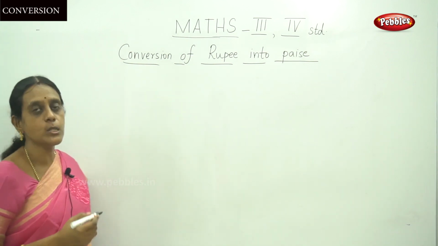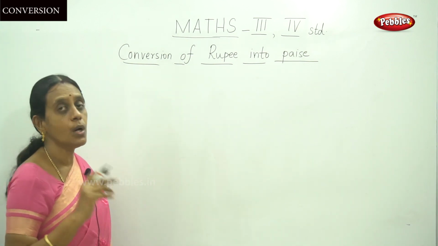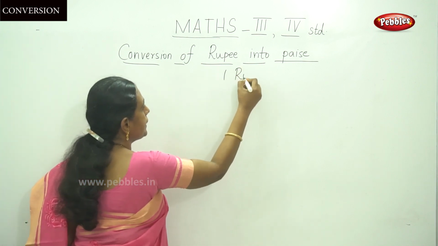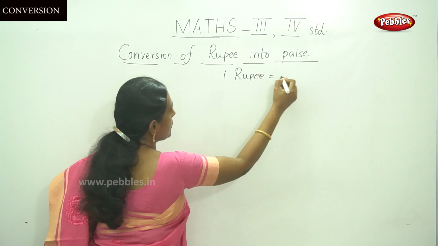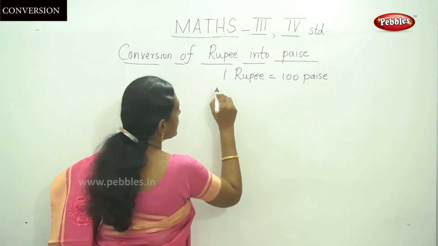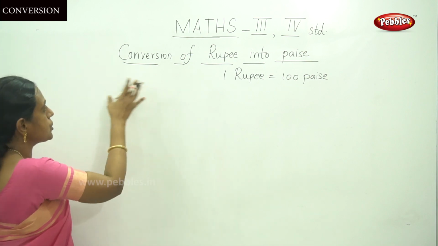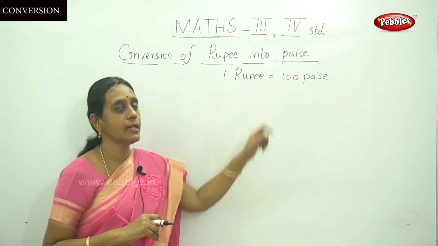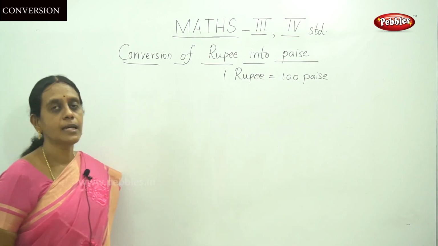Here the formula is 1 rupee is equal to 100 paise. So for conversion of rupees, the rupee amount is multiplied by 100 to get the answer in paise.